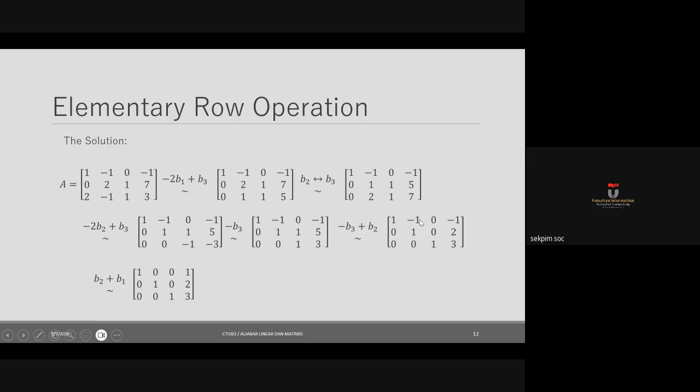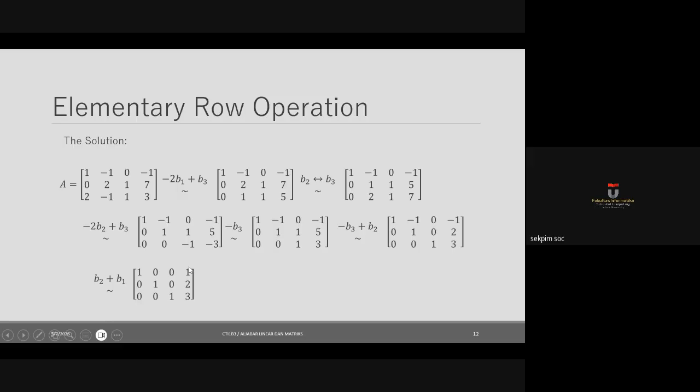To make -1 into 0, you have a pivot here in the second row, so you just add the second row to the first row, such that this one will result in 0. So this is your operation, first row plus second row, right? So this one is 1. 1 minus 1 is 0. 0 plus 0, 0. 2 plus minus 1 is 1.